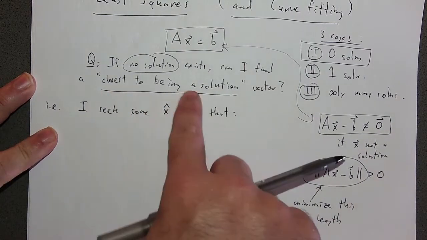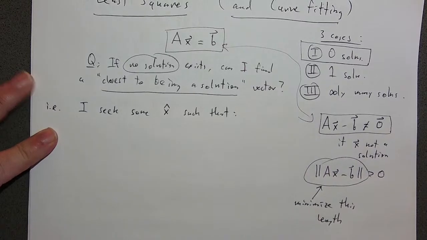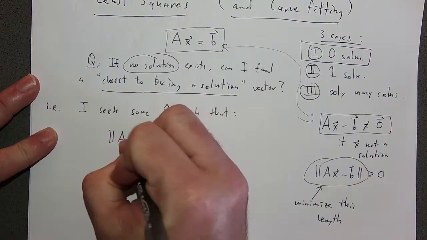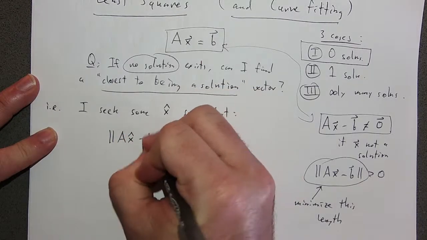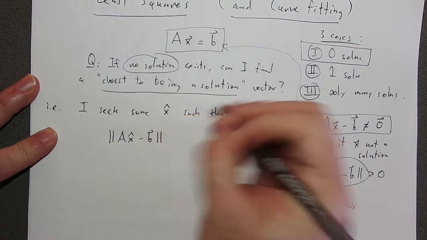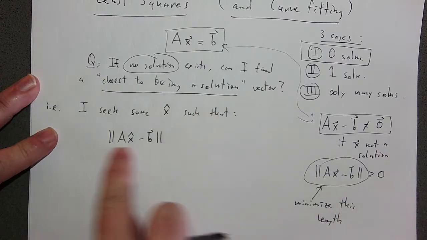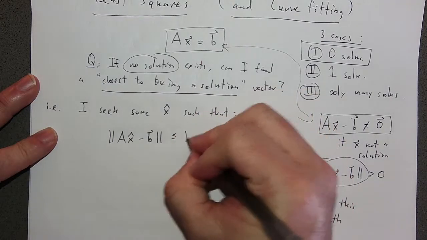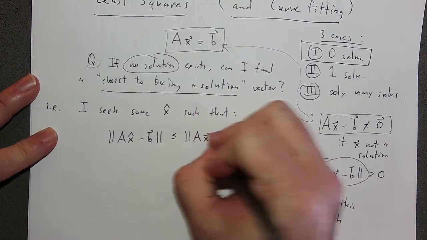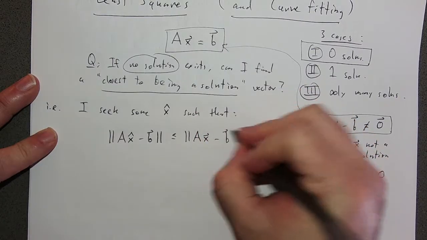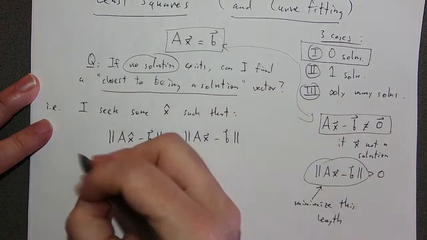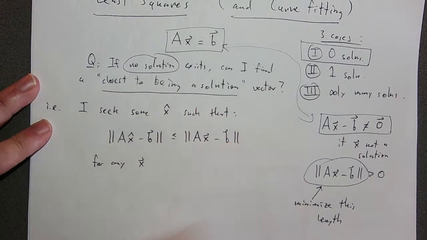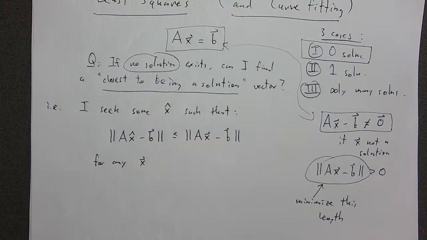What do I mean by finding an x hat that is closest to being a solution? I mean that this quantity is always less than or equal to this quantity for any vector x in the vector space in question.